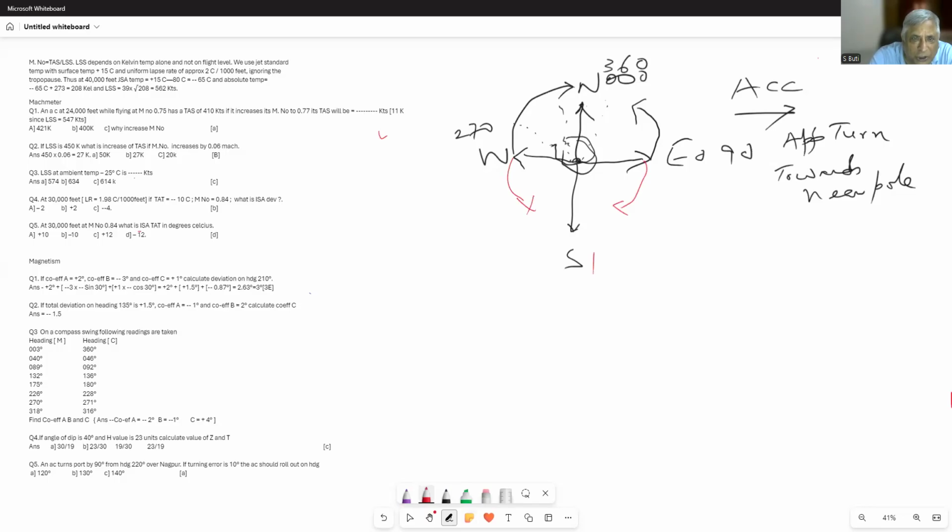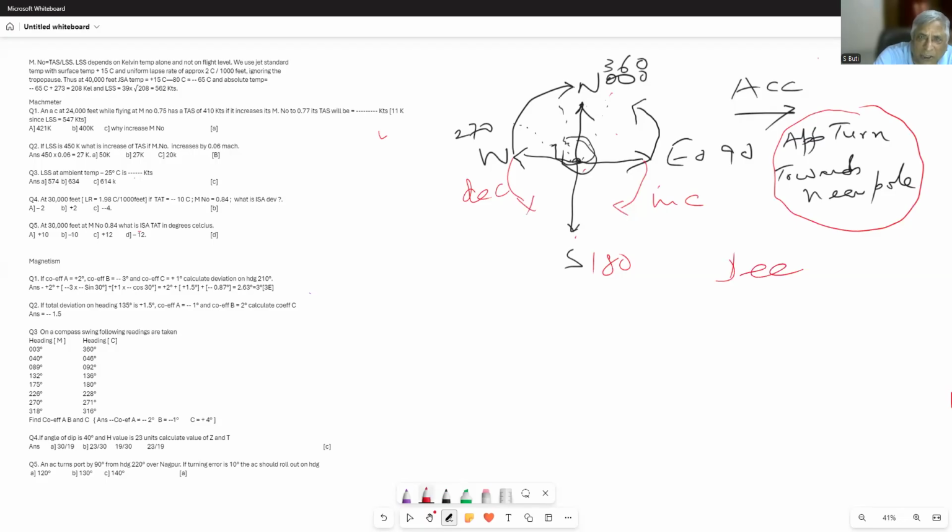From 270 to 180, readings will decrease. And here is 090, a turn towards south; we can say readings will increase. The common rule is: during an acceleration, where error is maximum on heading east and west, the needle indicates an apparent turn towards the near pole. In the northern hemisphere, the North Pole; in the southern hemisphere, the South Pole. In a deceleration, the opposite will happen.